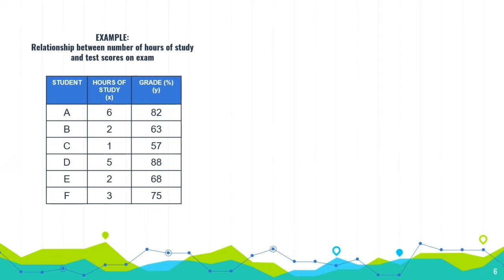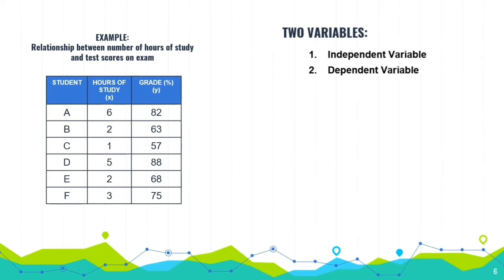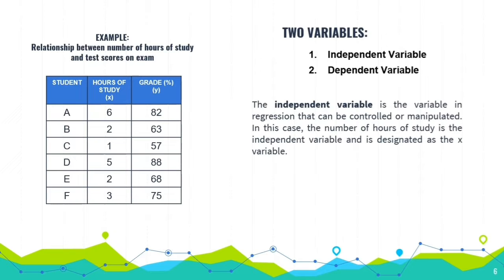As stated in the introduction, the two variables for this study are called the independent variable and the dependent variable. The independent variable is the variable in regression that can be controlled or manipulated.